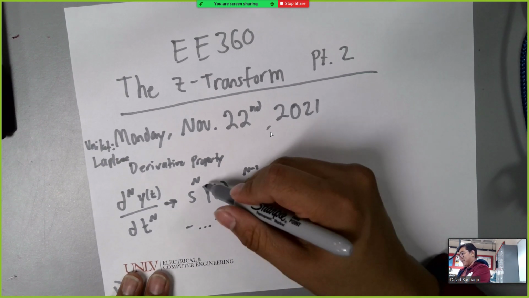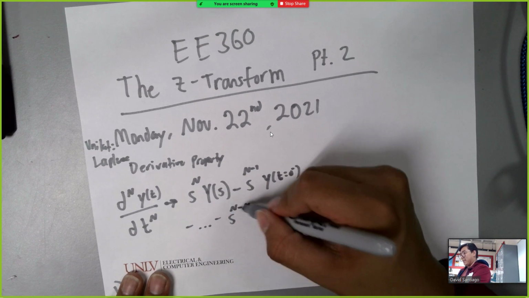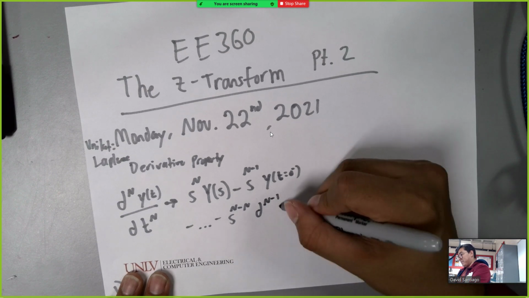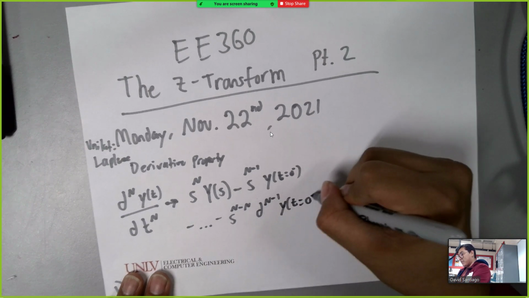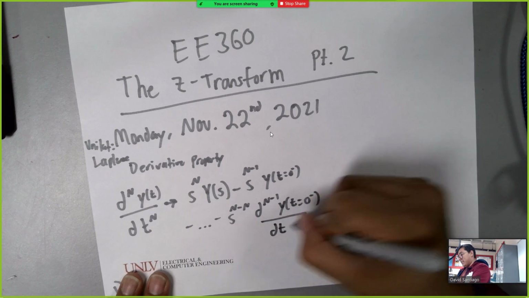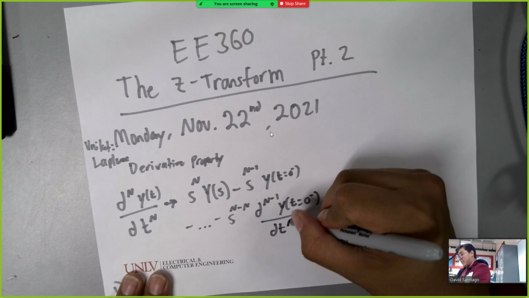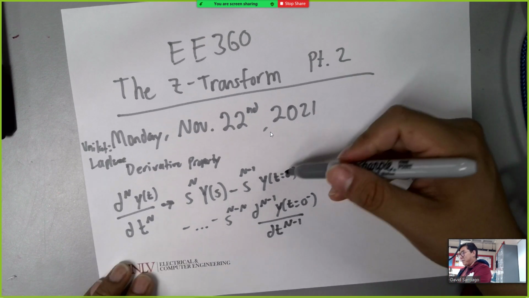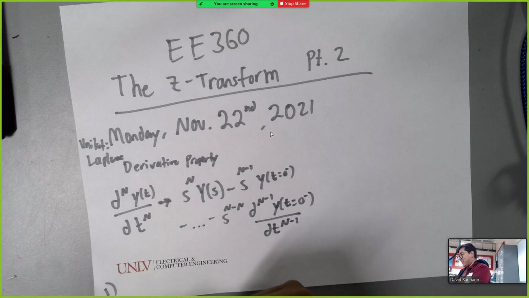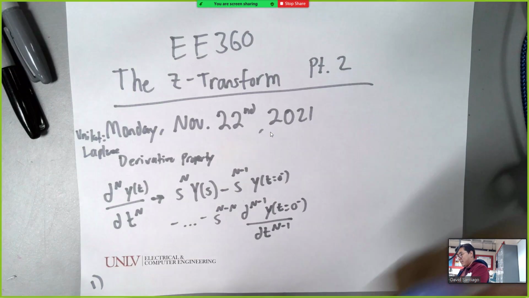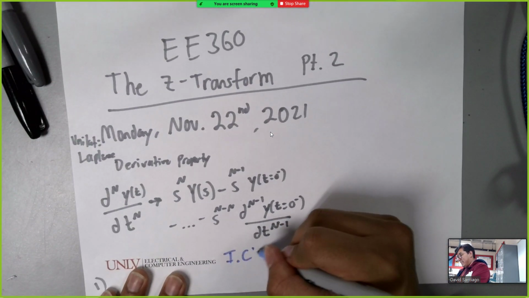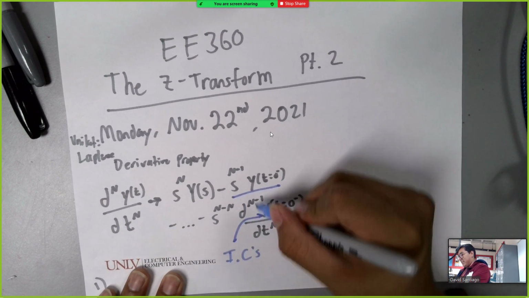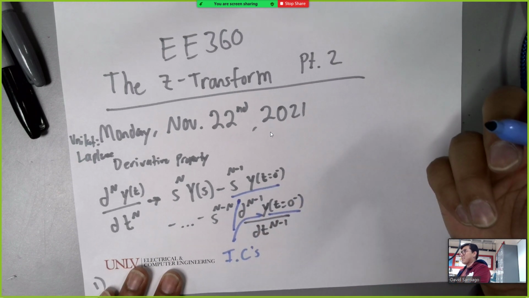Because that's how we count n minus 1 up to s^0 times d^(n-1) y(t)/dt^(n-1) at t equal to 0-. Remember that? So this is when we would include initial conditions. I will mark that down. ICs. Remember that stuff from the Laplace transform?